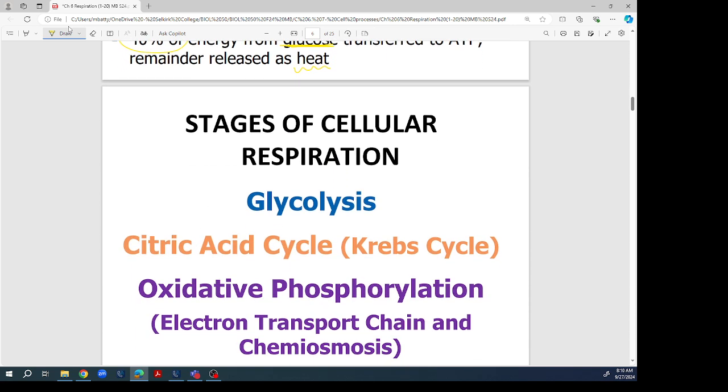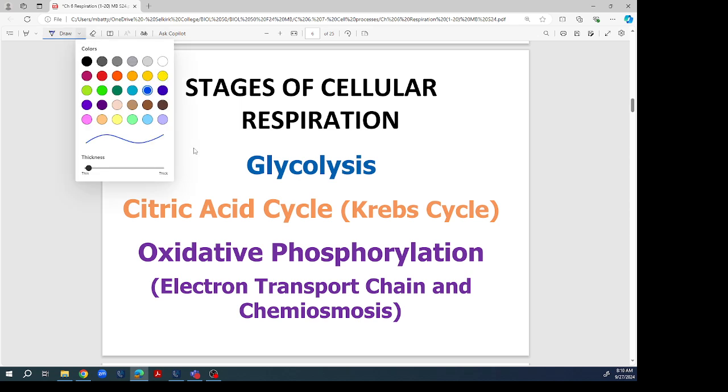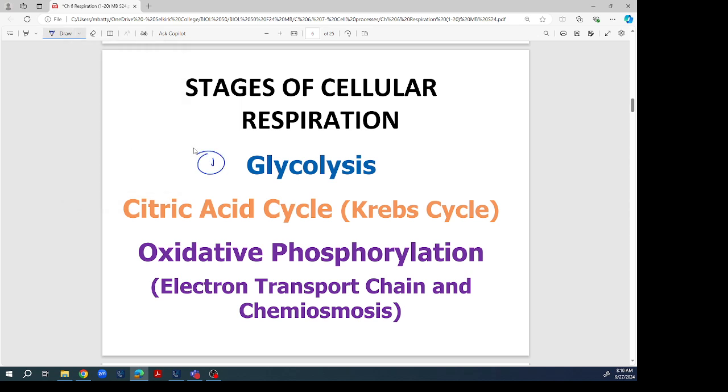So the stages of cellular respiration, written out in color here, we have glycolysis as the first one. It basically takes glucose and breaks it down. We've seen hydrolysis before. So this breaks down glucose. That's the first stage. The second stage is you have an option.